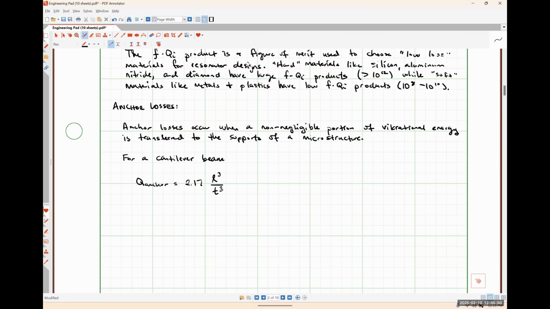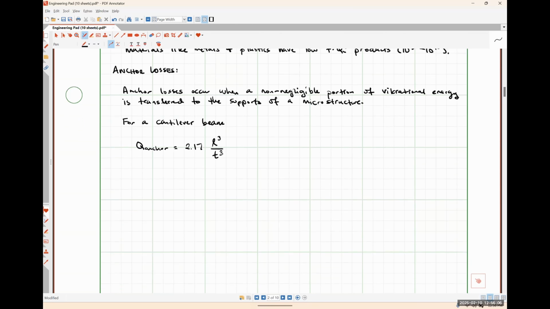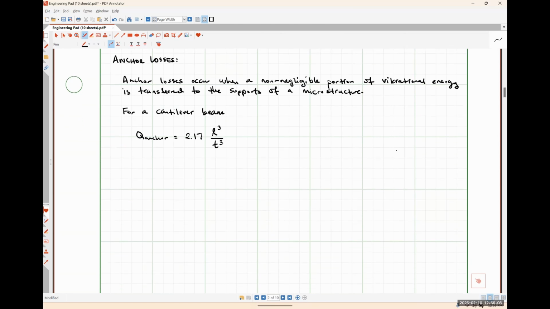But if we want a resonator where a high Q is required, there are different ways that anchor losses can be mitigated, and it's usually based on geometry. One pretty common microstructure that is used is a double-ended tuning fork geometry.